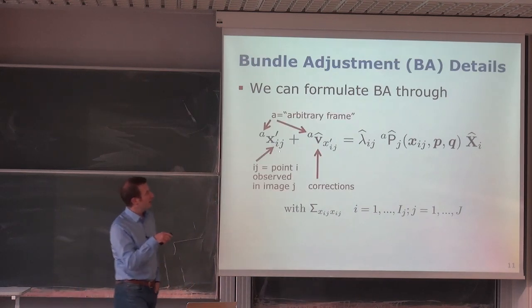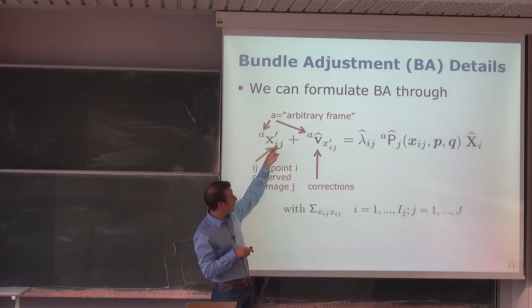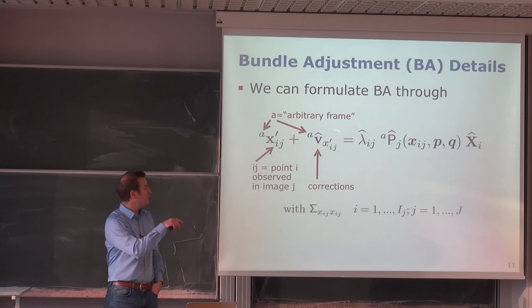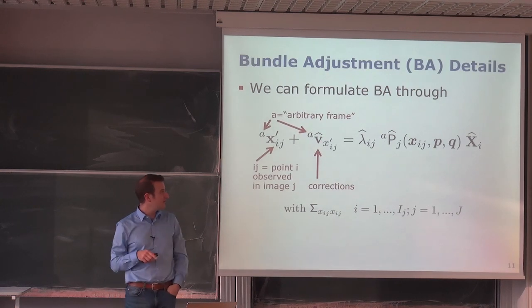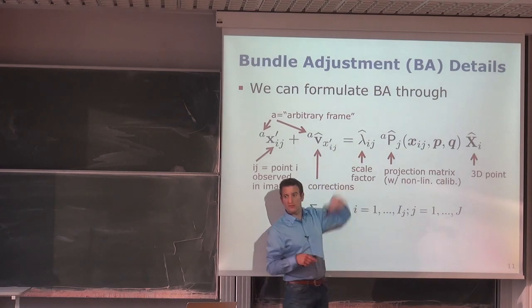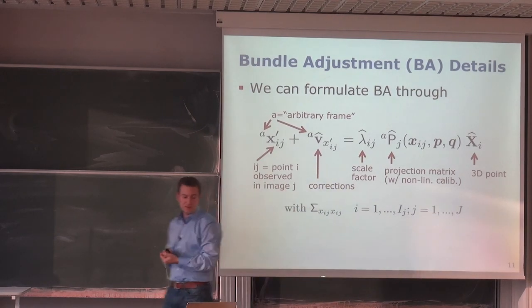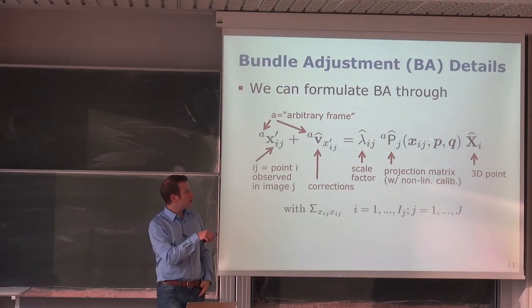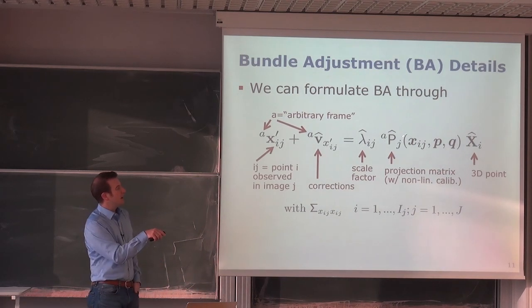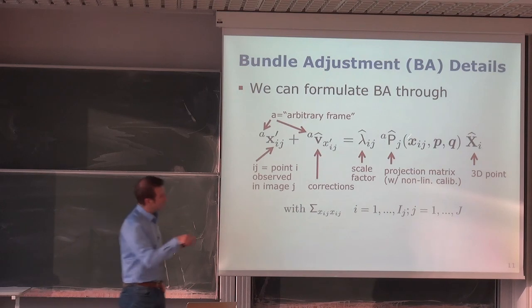And what this ij means, we observe the point i in our image j. And then we have our corrections in the same frame, and this should be equal to a scale factor because we're operating in homogeneous coordinates, and then the projection matrix of our camera.